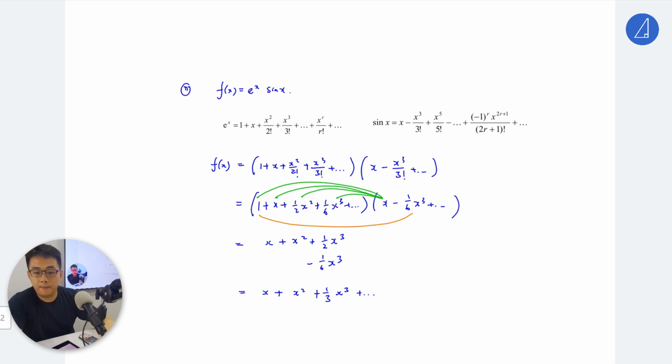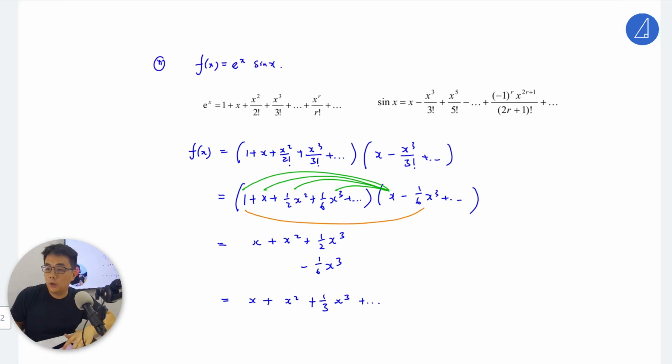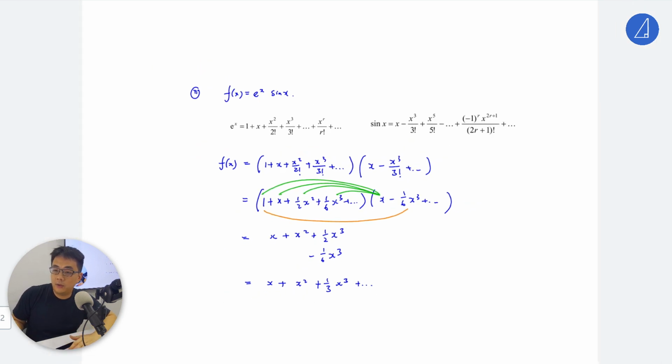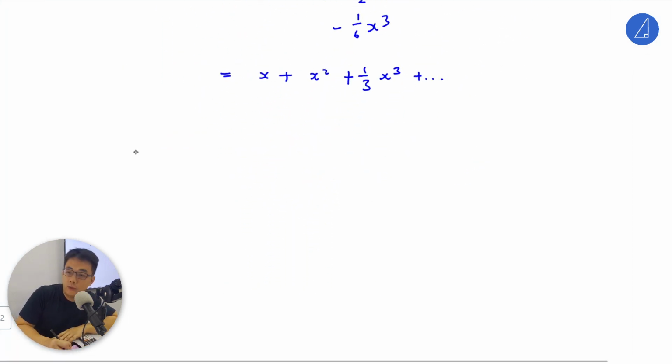Is the answer correct? So we were told on the same diagram, draw both graphs. Did you know the answer in part 2 by g(x)? So part 3, actually part 4 is an interesting one. Part 3 is let g(x) equal x plus x squared plus 1/3 x cubed, right?